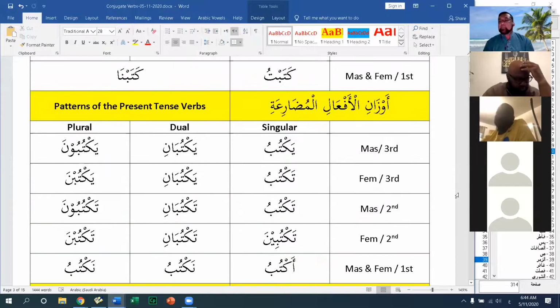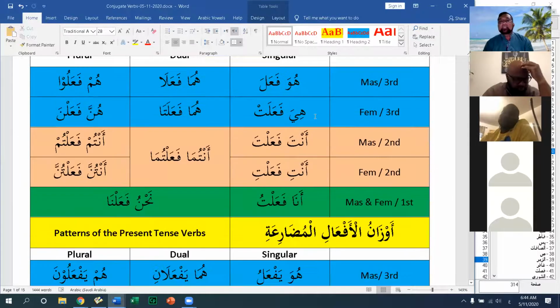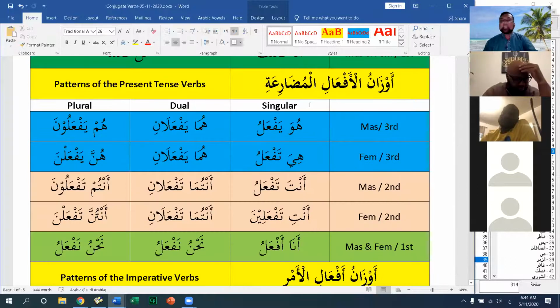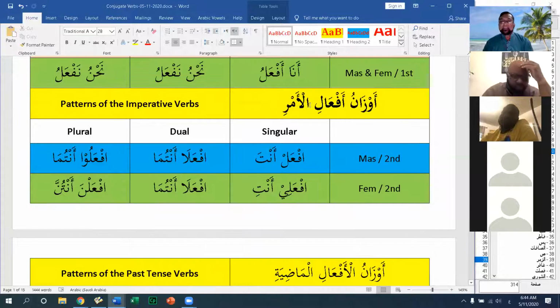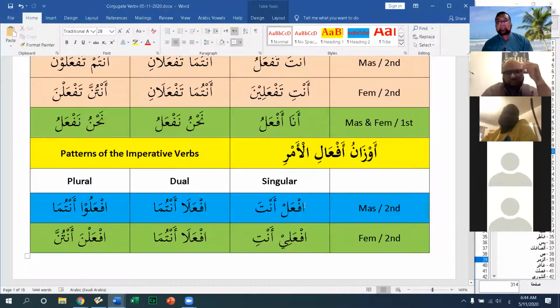The way you learn to conjugate verbs is that you have to memorize this template, this page here with fa'ala, the patterns, and then you just apply it to every verb. The only thing that will change is the ayn, whether it has fatha, kasra, or dhamma, in the past tense and in the present tense also, and the hamzatul wasl, but not in writing, only in pronunciation, because remember, we're not putting the vowel on this hamza, whether you pronounce it with a dhamma or a kasra, and you never pronounce it with a fatha.